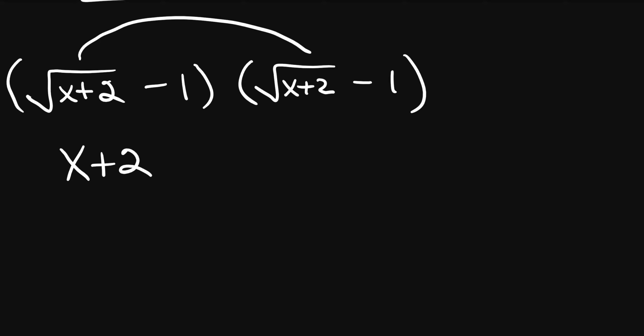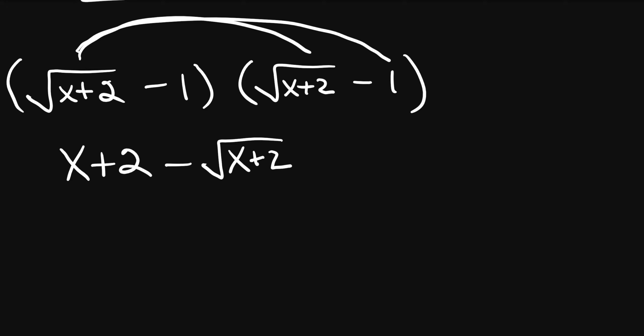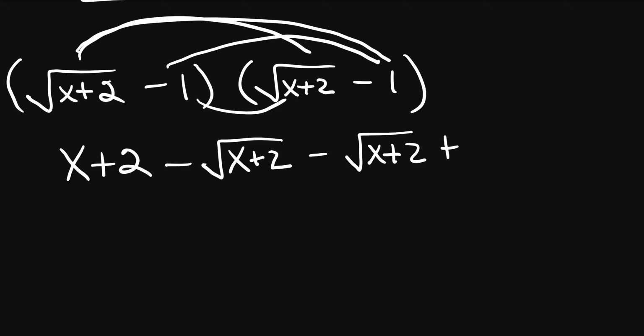And then how about the outside, square root of x plus 2 times -1, which is negative square root of x plus 2. And then inside is -1 times the square root of x plus 2, which is another negative square root of x plus 2. And lastly is -1 times -1, which is +1.